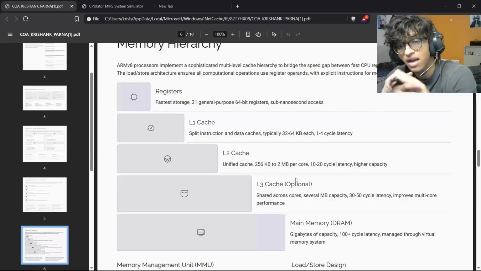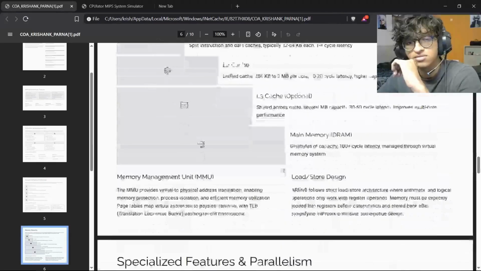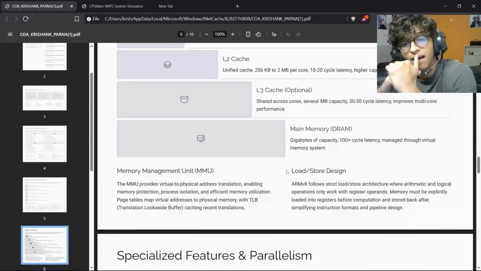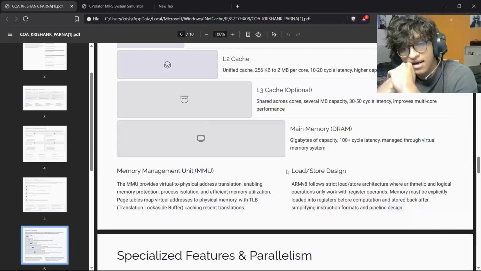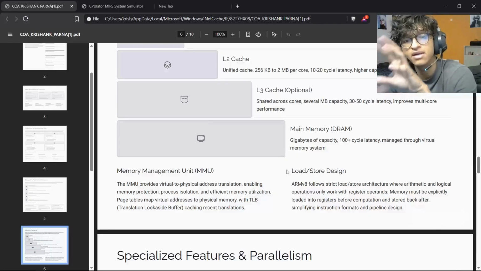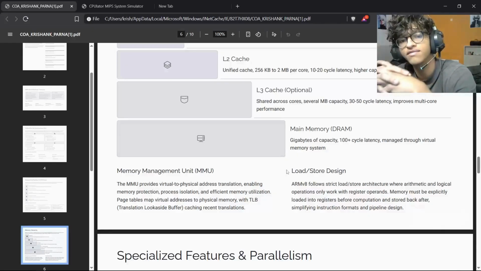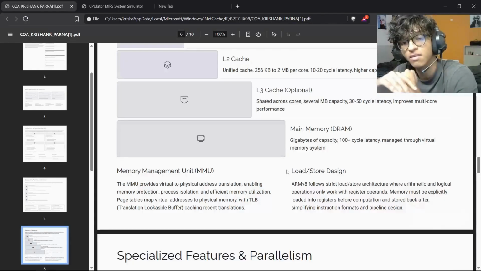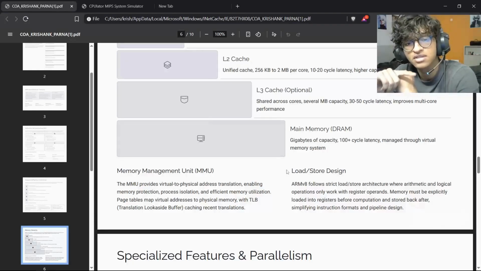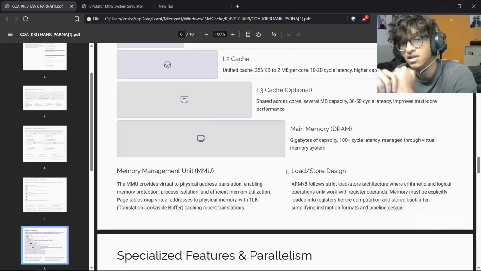Then L1 cache, L2 cache, L3 cache, and main memory. The memory management unit, the MMU, provides virtual to physical address translation, enabling memory protection, process isolation, and efficient memory utilization. The page table maps addresses to physical memory with the TLB, translation lookaside buffer, caching recent translations.